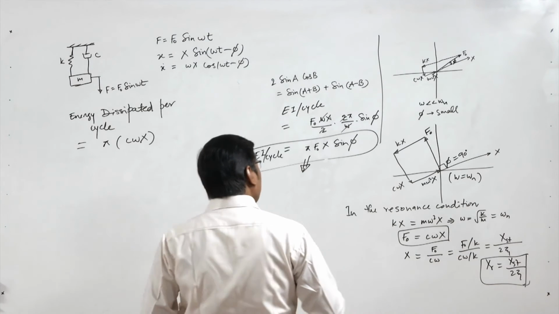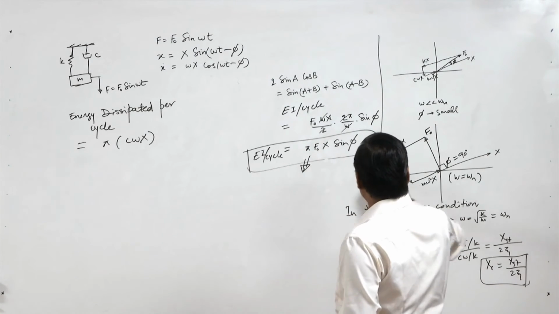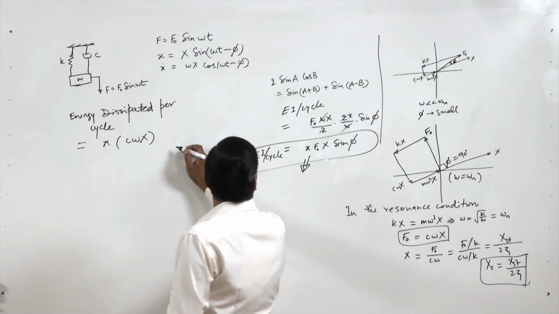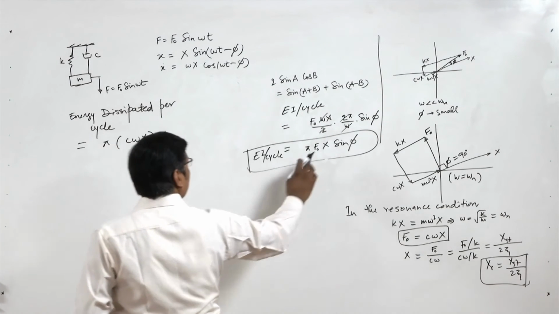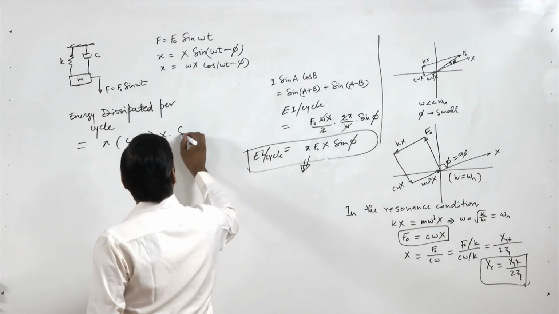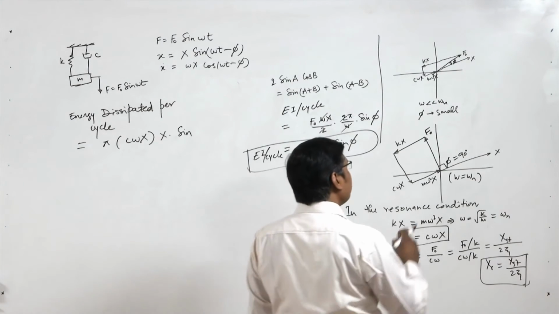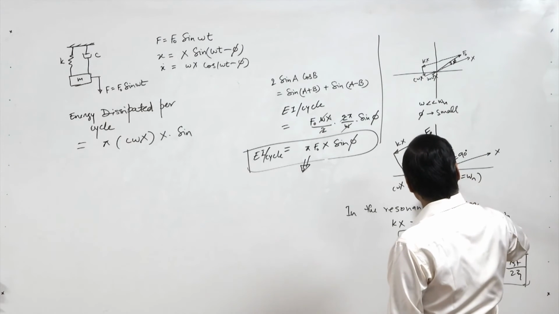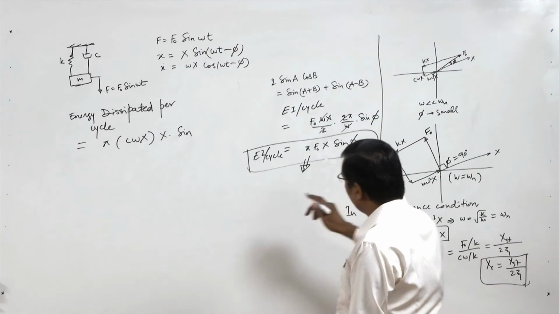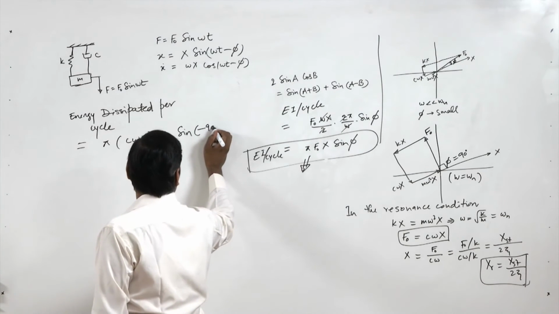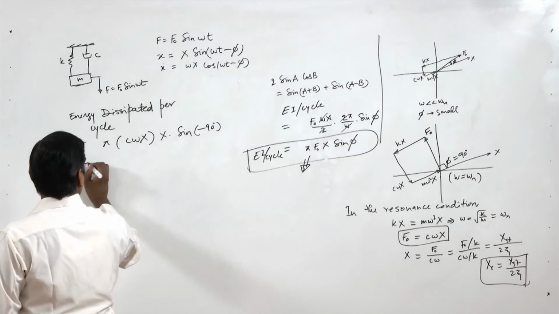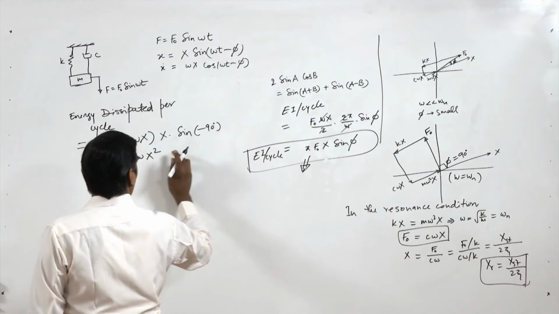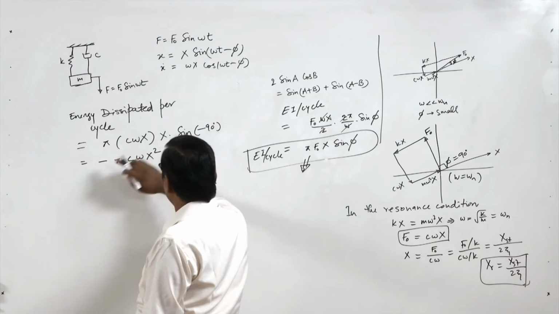So I can put pi c omega x into x into sine phi. Sine phi is minus 90 degrees, because c omega x makes a minus 90 degree angle from x. So this is minus pi c omega x square, because sine 90 is 1 and this minus is here.